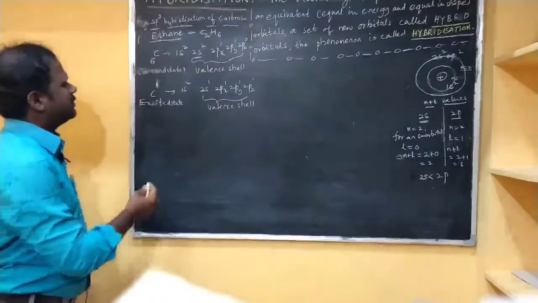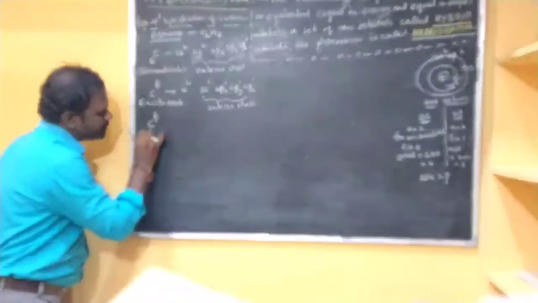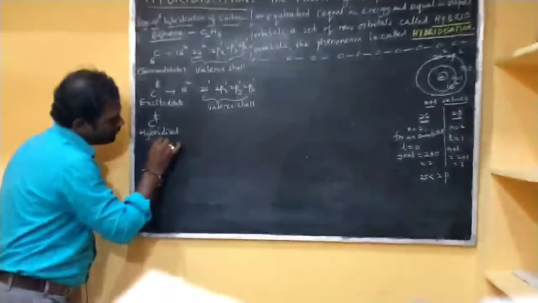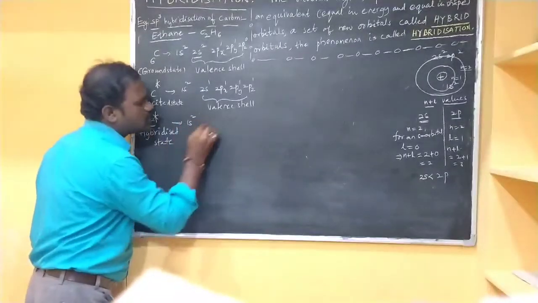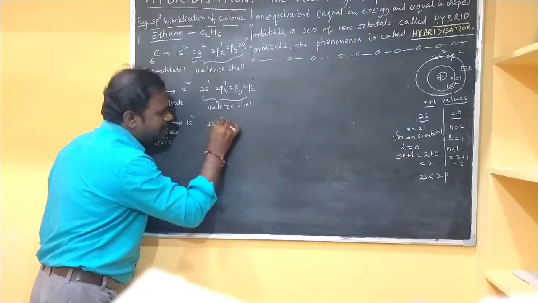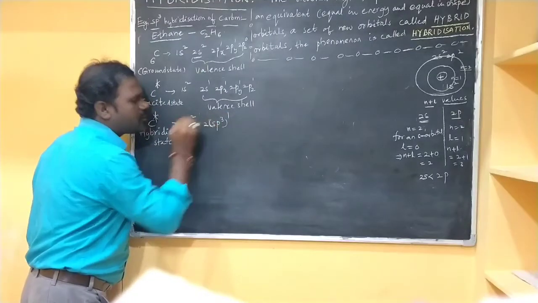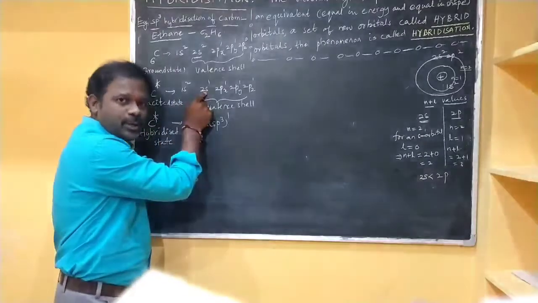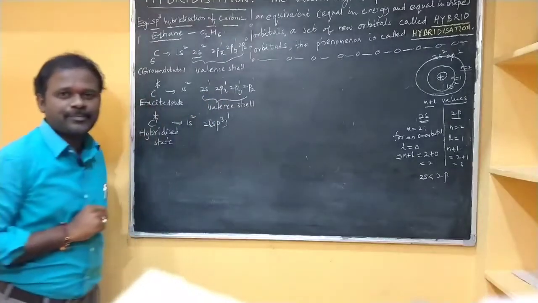We can see clearly here carbon which is in the hybridized state. For the formation of 1s2, 2sp3 1, 2sp3 1, because of intermixing of one 2s subshell and three 2p subshells.